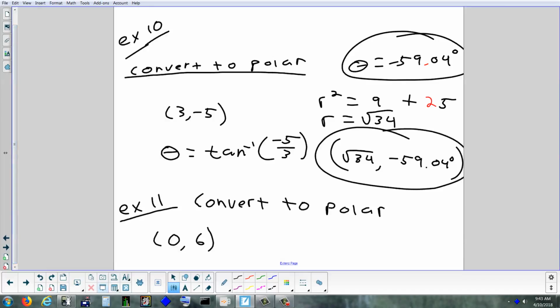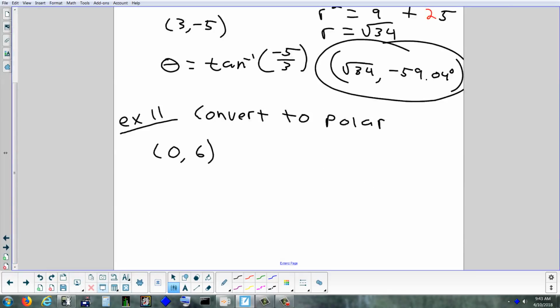All right, let's look at this one, (0, 6). Now this one shouldn't be as bad as the last one. Not that the last one was really bad, but this should be quicker. What's my radius? If you measure the distance from the origin to the point (0, 6), yeah? 6. It's not at an angle. The only time you're going to use Pythagorean theorem is when you need a hypotenuse.